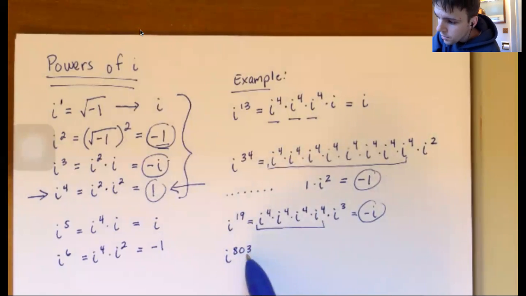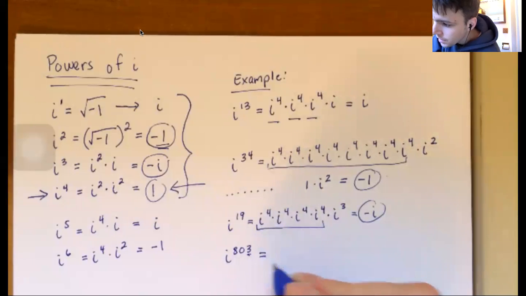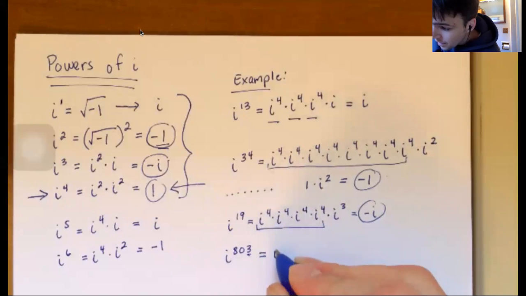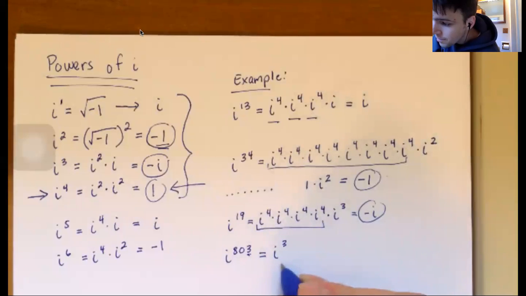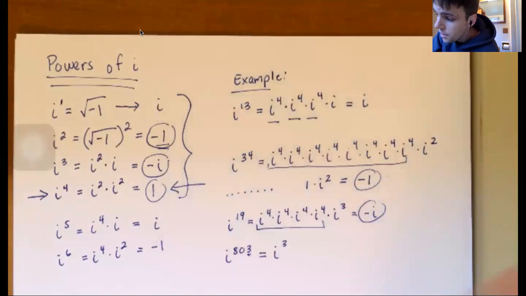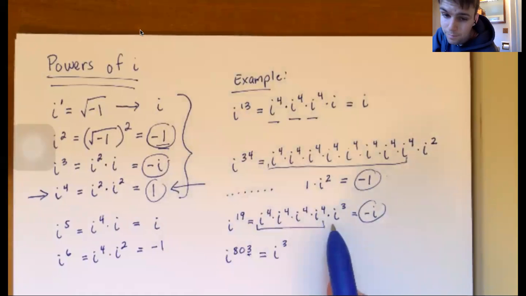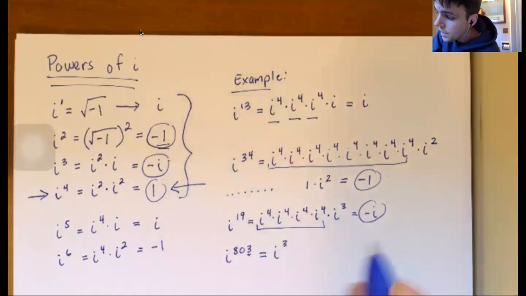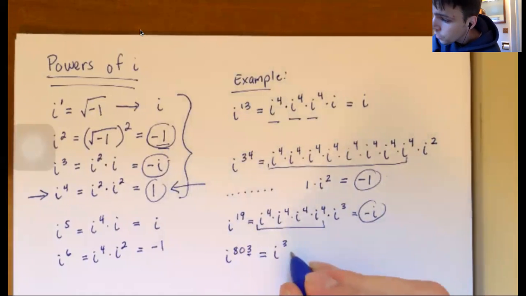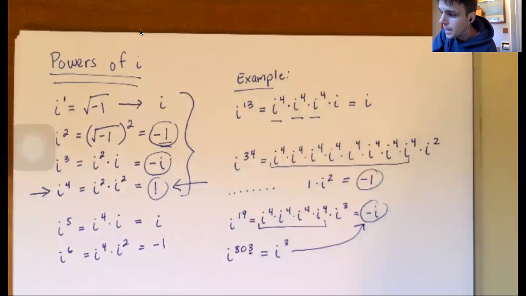But we have a remainder of 3, so this thing is going to have the same value as i to the 3rd, as that remainder. I'm not going to write out 200 i to the 4ths because that would take a long time. It's the same thing as i to the 3rd, which we just know is -i. Cool. Hopefully that was helpful.